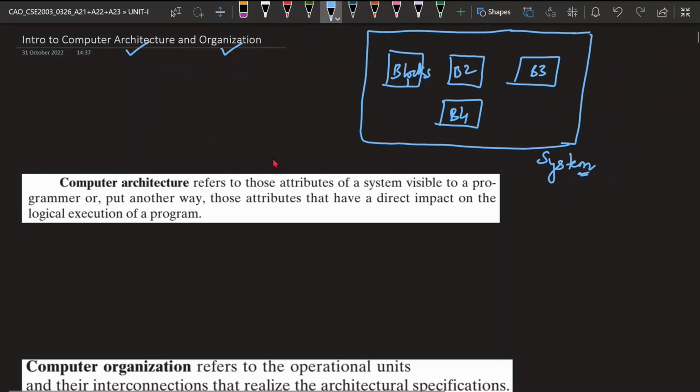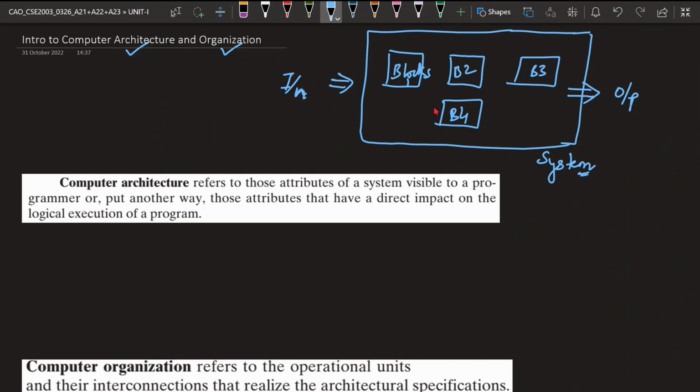And these components will have some functionality or will be operating such that this system will generate some output with respect to some input given to the system.